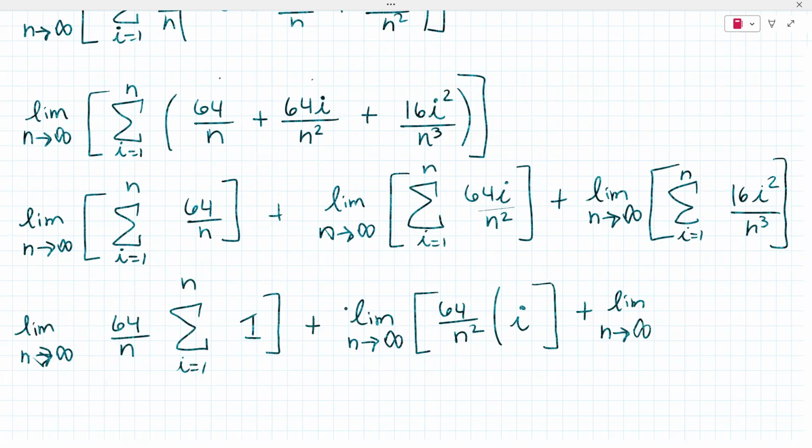So this 16 over n cubed, yeah, that's a constant.